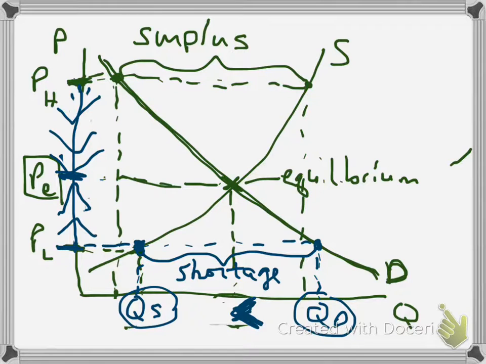I mean, you've got forces from below pushing up, forces from above pushing down. The price is stable. And that's what the term equilibrium tends to mean. It means a point of rest, of stability. And it's also the only point where the quantity demanded and quantity supplied are the same.